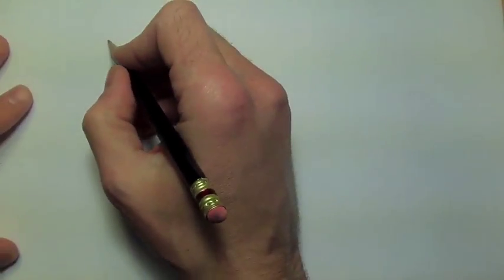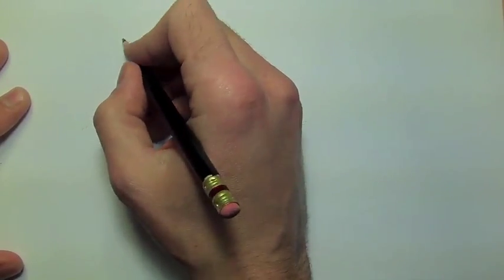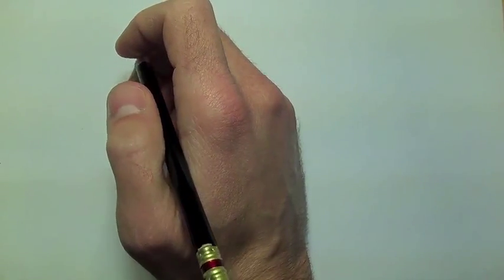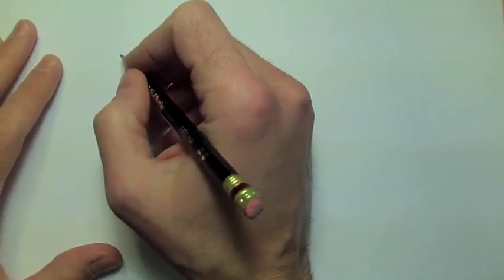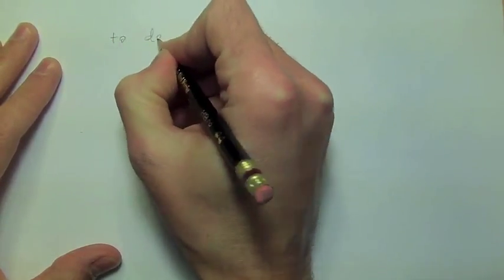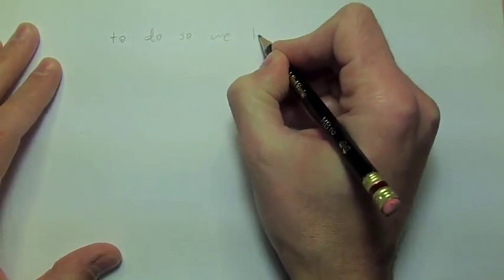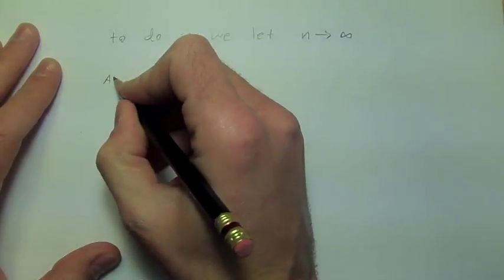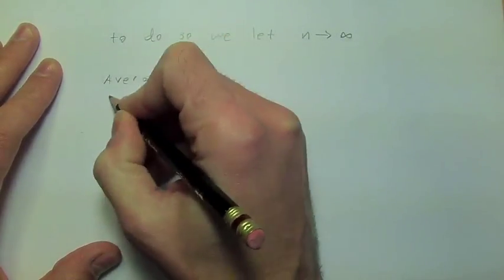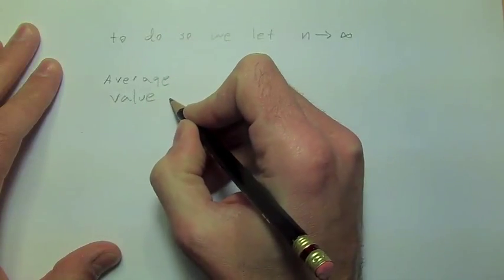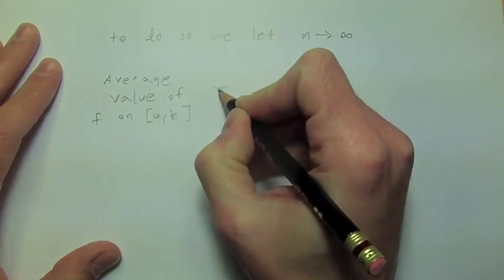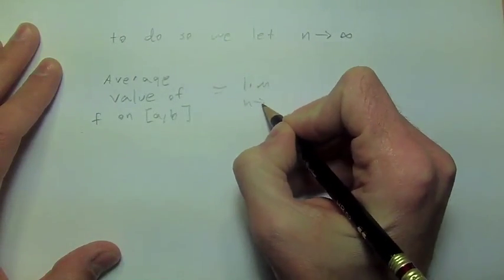Okay, so I'll write that down. The question, of course, was, say we wish to average all the values of f on a to b. To do so, we let n go to infinity. Okay, so the average value of f on a to b is the limit as n goes to infinity.